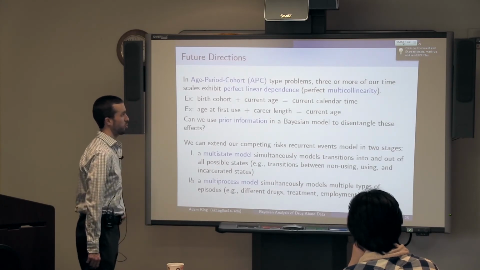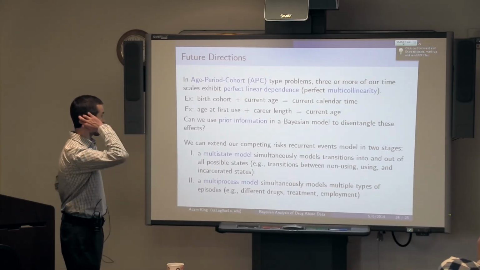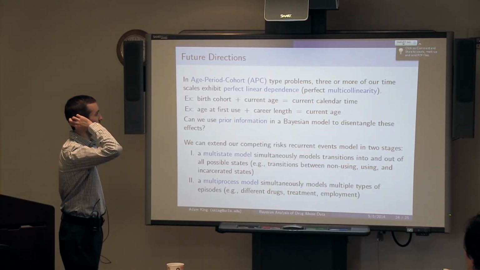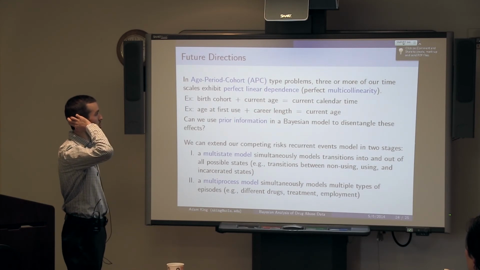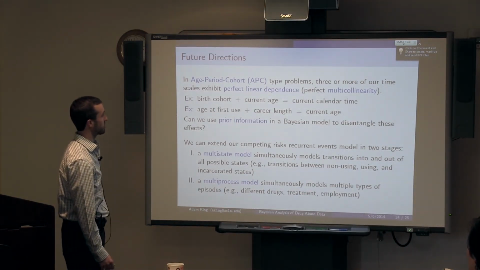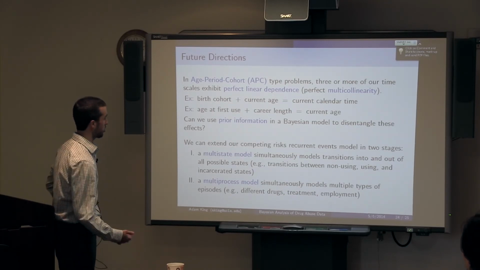Okay, and now I want to briefly mention some future directions for this work. The first is that we have this issue of these time scales, and one problem that commonly shows up is what are called age period cohort type problems. So in these cases, you have time scales which have perfect linear dependence with one another, or perfect multicollinearity.